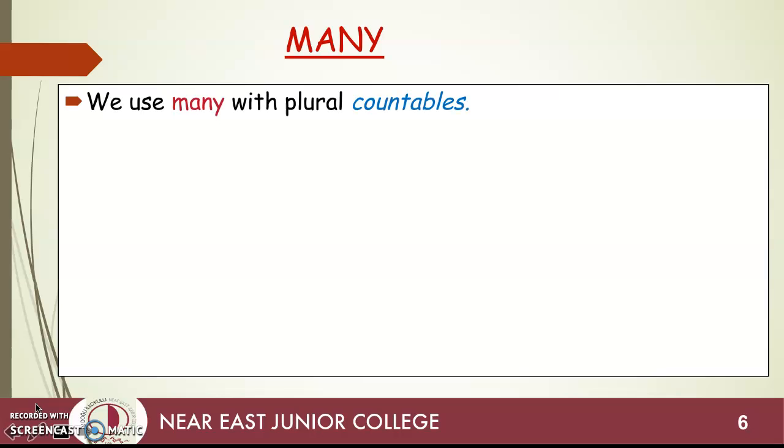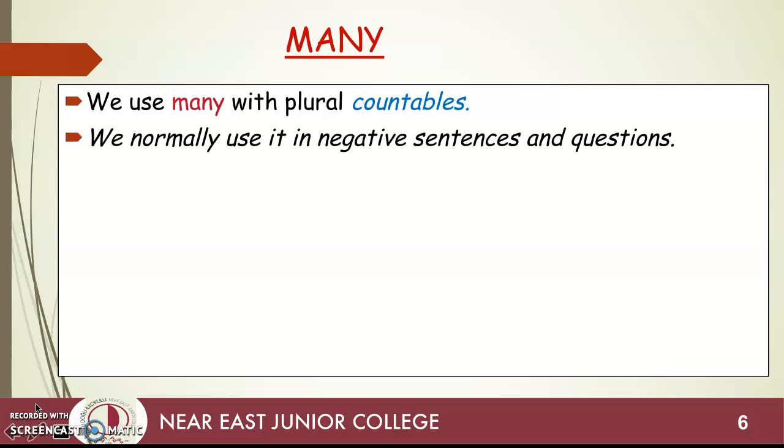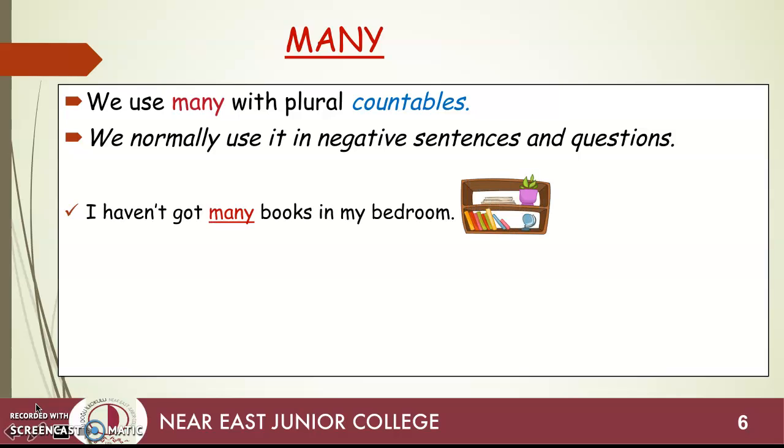Many. We use many with plural countables. We normally use it in negative sentences and questions. The first example. I haven't got many books in my bedroom. This is a negative sentence. We can count books, so we use many.